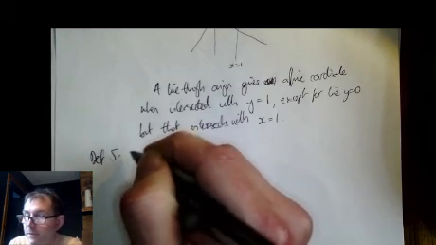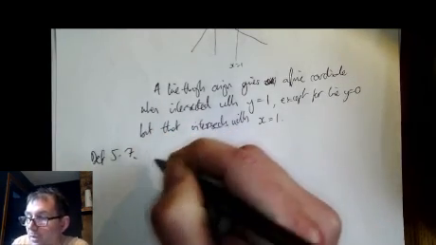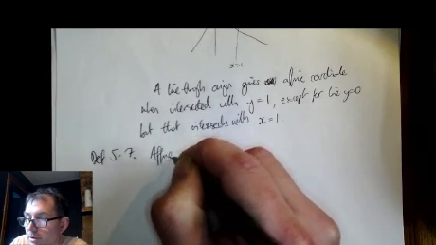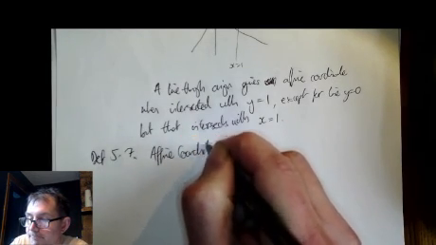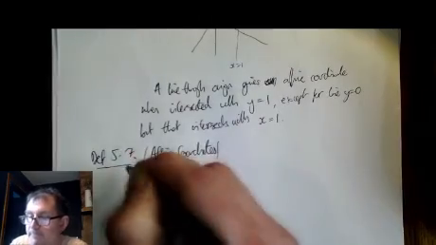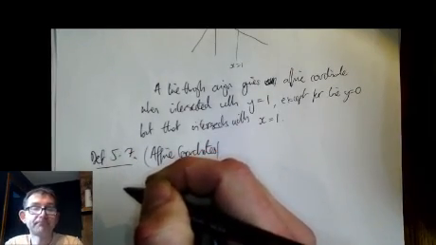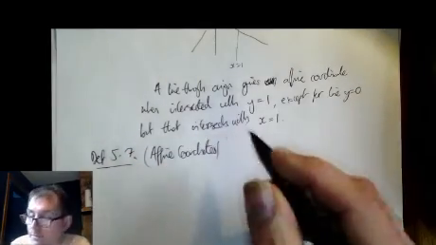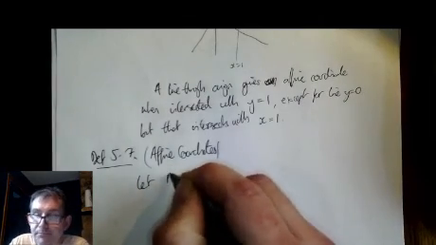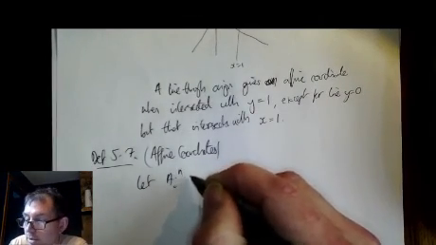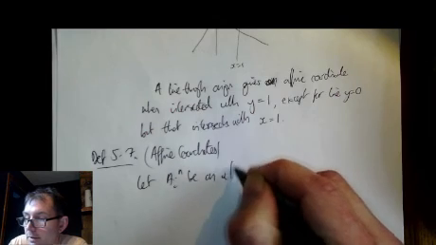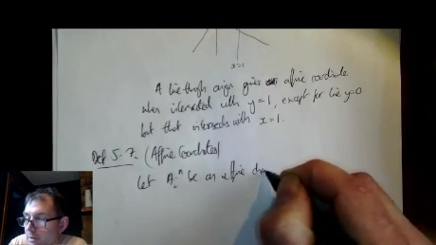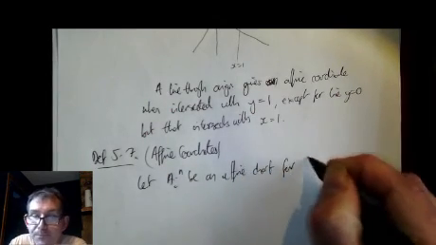So definition 5.7, which is affine coordinates. Let A^n_i be an affine chart for Pn.